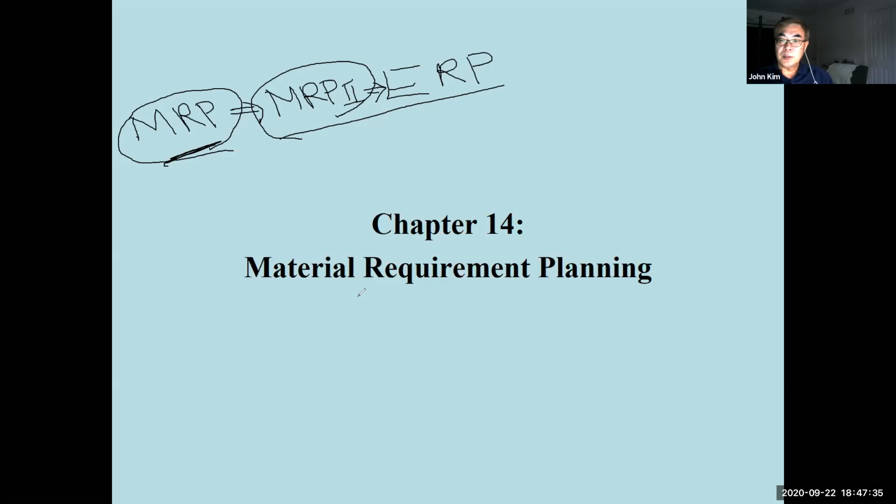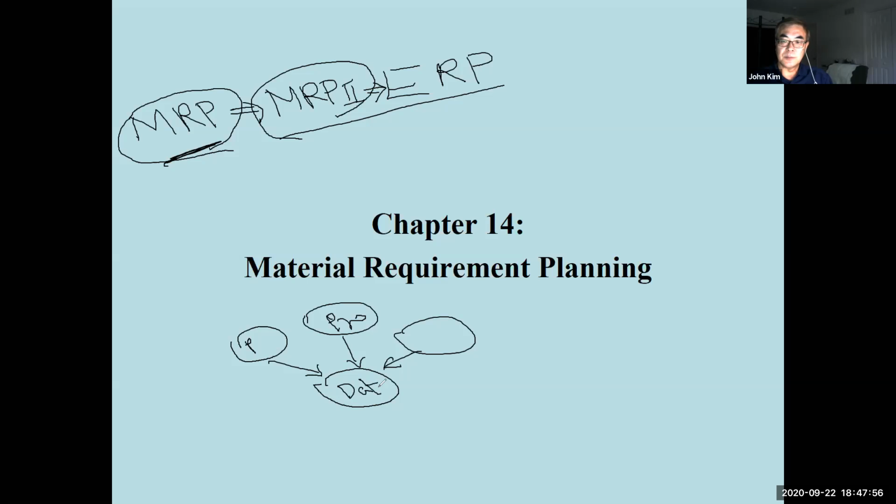So, for example, the purchasing department, production department, and certain other departments, and so on, share one database. So we call this an integrated system.